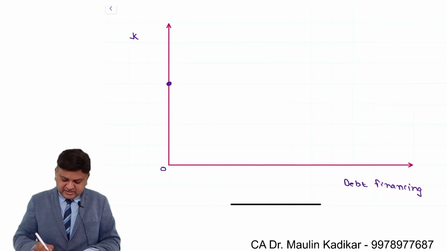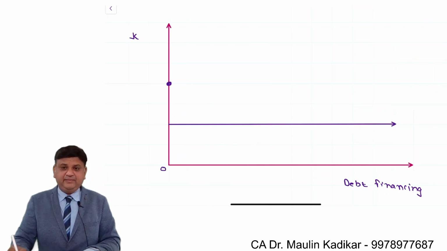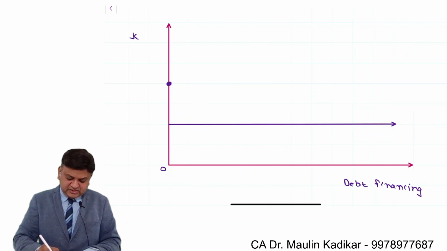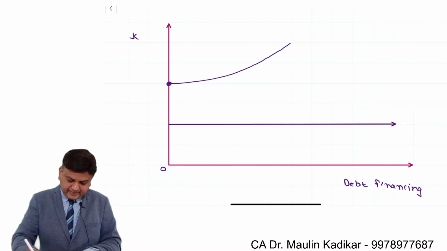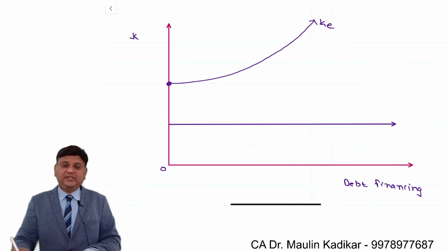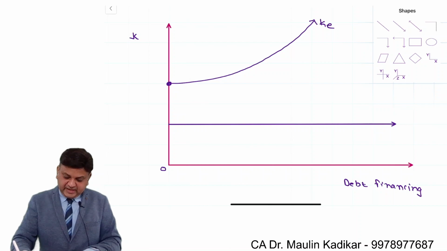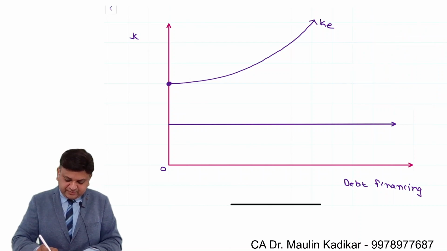Whenever you are increasing the debt financing in the capital structure, the risk for the equity shareholder increases, and it increases in such a way that the benefit of raising the lower cost of funds is compensated, and the weighted average cost of capital or overall cost of capital is the same.